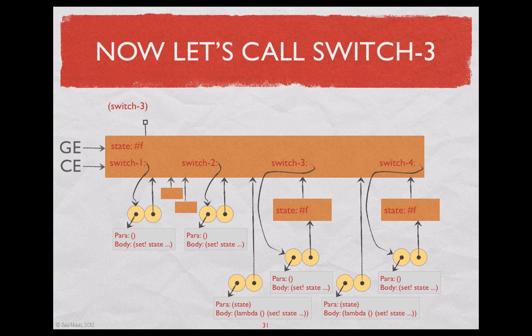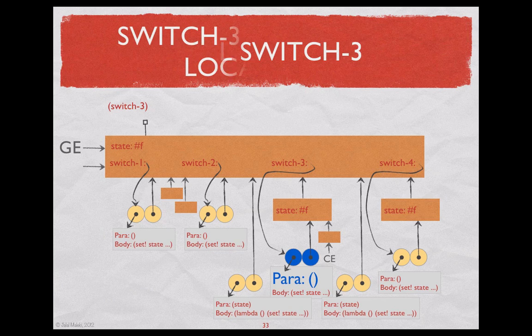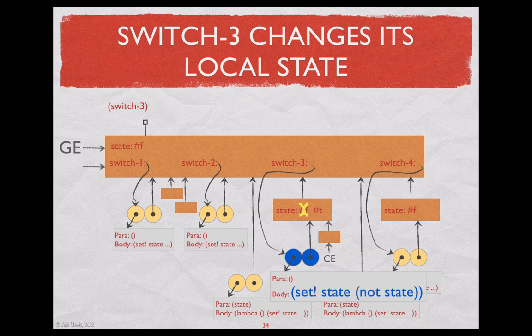So let's go on and call switch 3, see how that behaves. It has no parameters just like before, so we get a box, empty. New environment becomes that, points to that particular box, and there we evaluate the body of this procedure, which says set state to not state, and that's what we do.